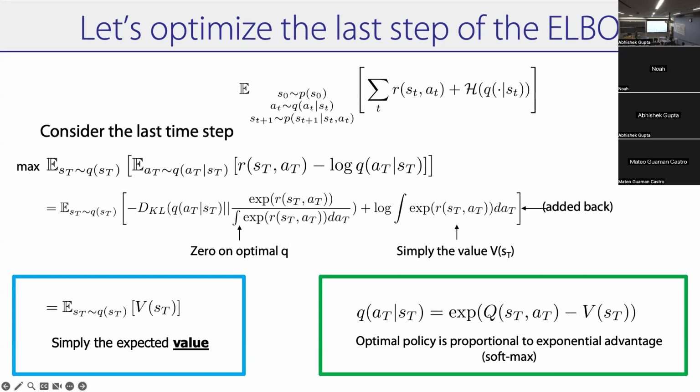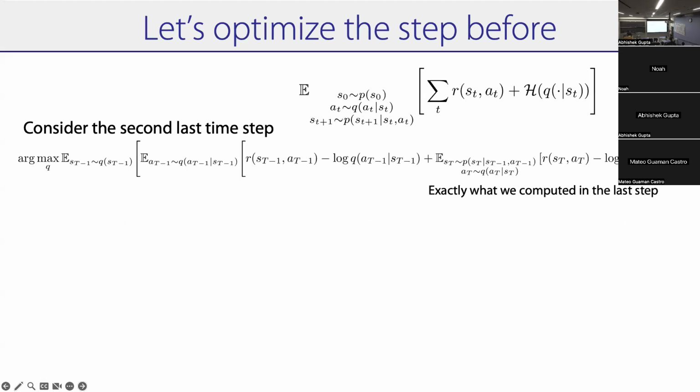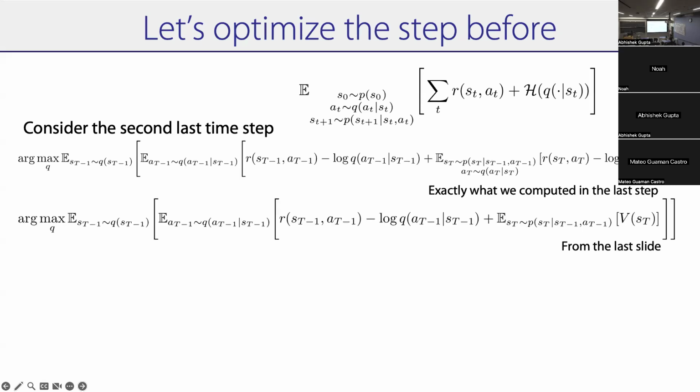And so we're just going to substitute that in the next equation. So we've said this thing on the right-hand side is just equal to the expectation of value. That's it. And the last time step is acting according to the optimal q, the best q. And so this thing is now going to be expectation of value.